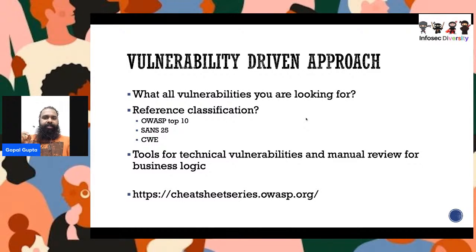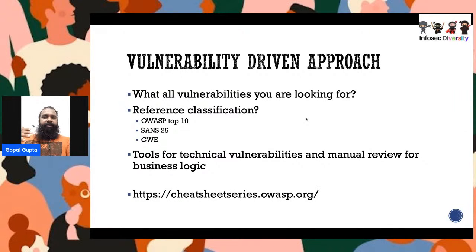Whenever somebody talks about secure code review, the very first thing is that we have automated tools, they scan our code and tell us about the issues, and once we fix them, we are done. So this is a vulnerability driven approach. You use certain tools which scan your code and tell you these are the vulnerabilities in your system.